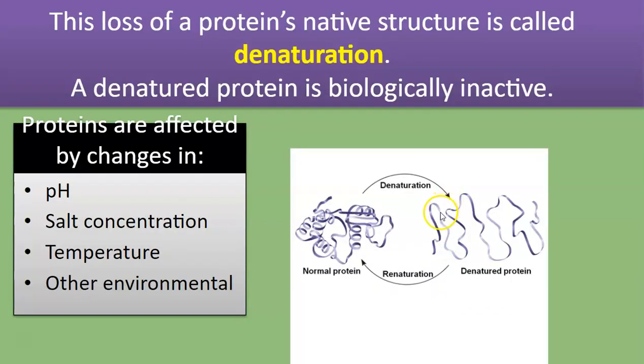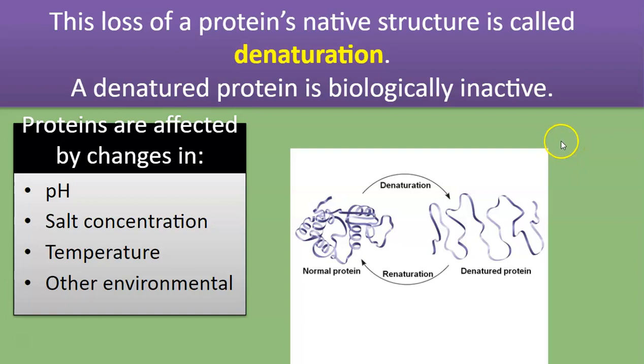We can destroy proteins, however. That is called denaturation. If a protein is denatured, it has been rendered inactivated or irreparably damaged in some way. And in order to do that, you can go outside of normal pH ranges. You can go outside of normal temperature ranges.